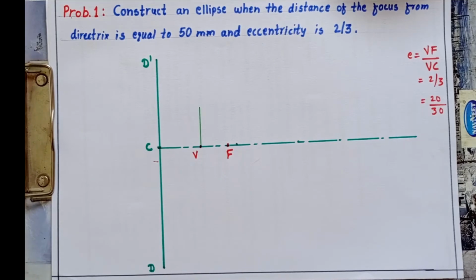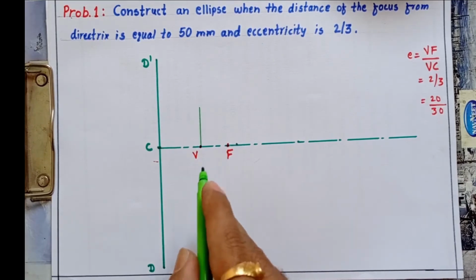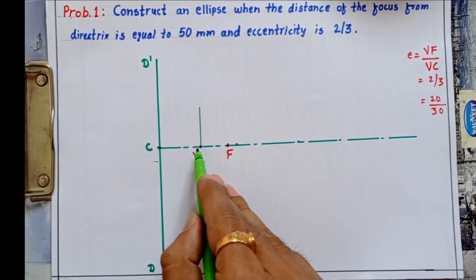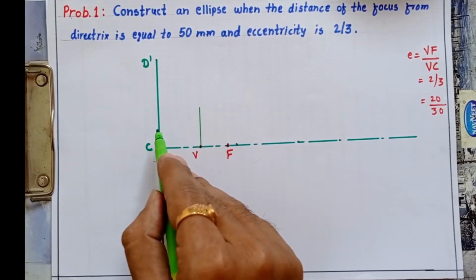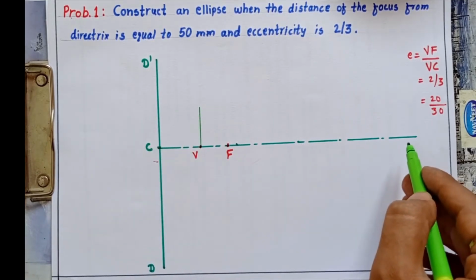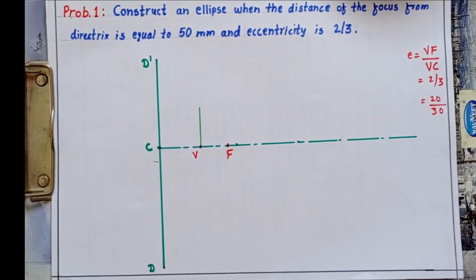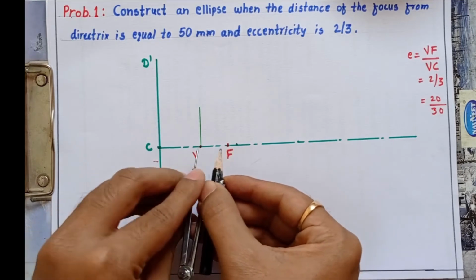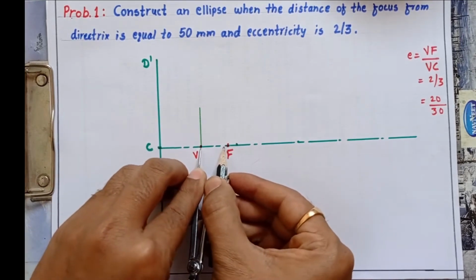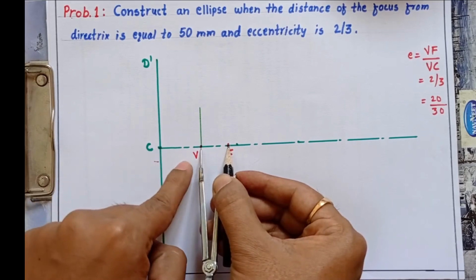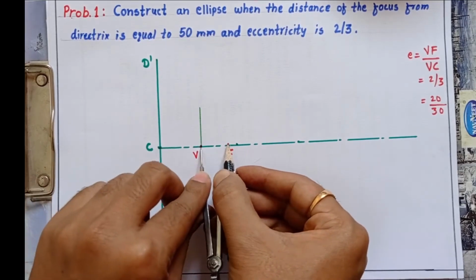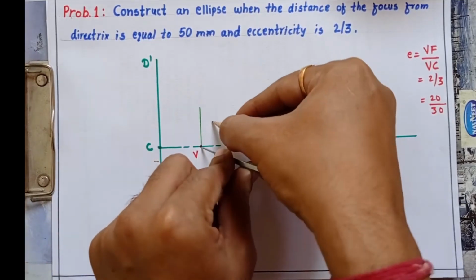Fine. What we did right now, from the point V, we just drew one straight vertical line which is parallel, or say perpendicular, to this horizontal line. Now further, in your compass, you have to take the distance equal to Vf, with V as a center, and draw one arc.